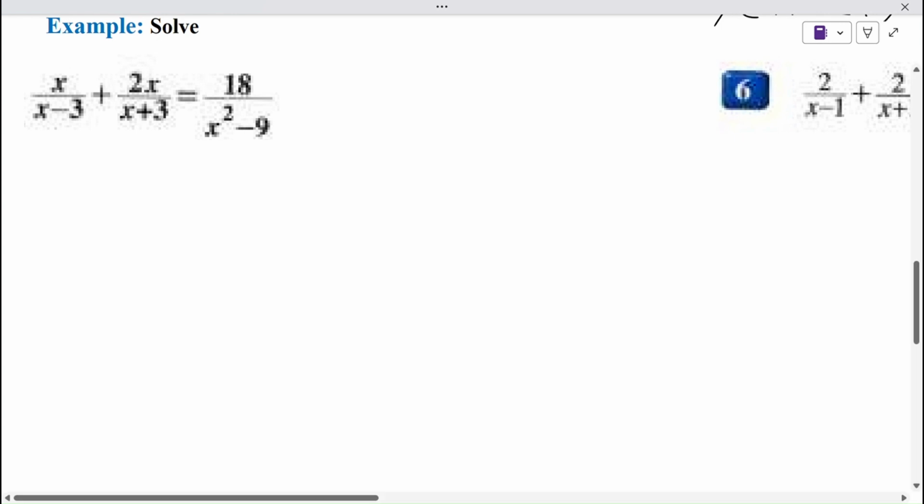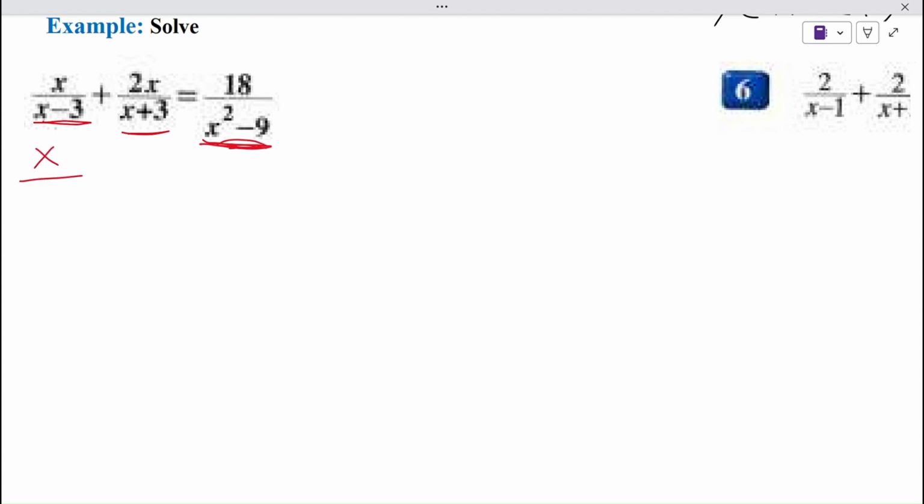Look at this equation. First, find the common denominator, then multiply into the equation. Where's the common denominator? Guys, look at both sides of the equality. Here we have x minus 3, x plus 3, and here we have this form. We can factorize it. Let's factorize this, then we will find the common denominator. Write down x over x minus 3 plus 2x over x plus 3 is equal to 18.